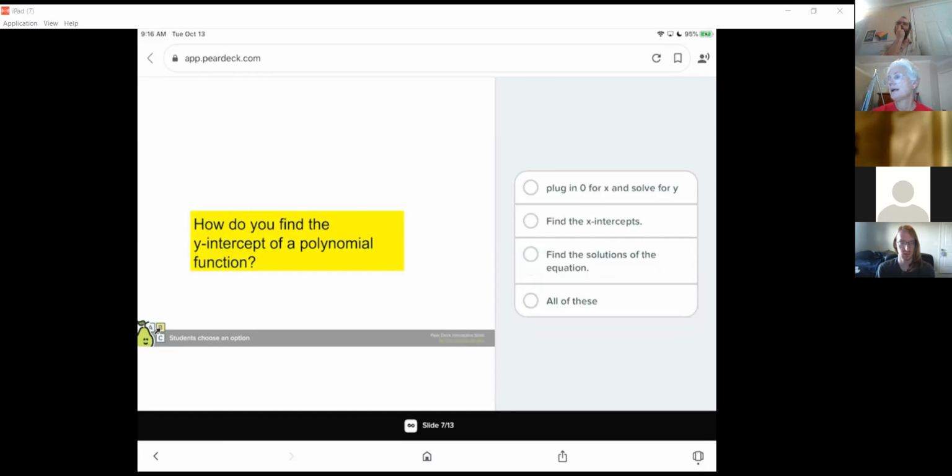How do you find the y-intercept of a polynomial? The y-intercept, in other words, is where it crosses the y-axis.